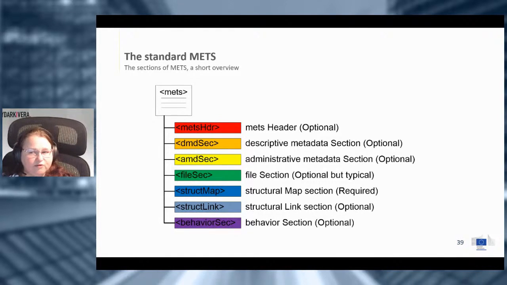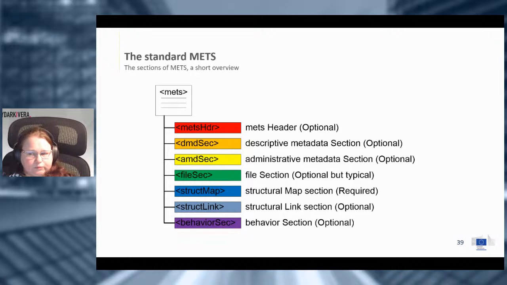Here is where we have all the files that are being transferred, the information itself. Then we have the structural map section, and I will go into that a little more on the next slide. That's the only required part of the standard. And that's where you can see the structure of the content.